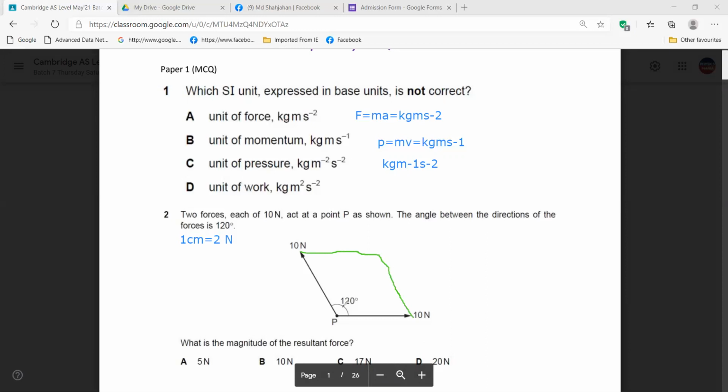This way complete the parallelogram and get this diagonal length. Check out what is the value of this diagonal. My drawing is not that much accurate. During your drawing, you should maintain it. That angle and the length of the lines should be accurate.